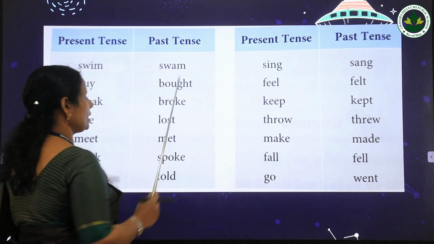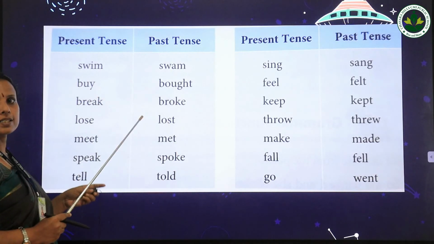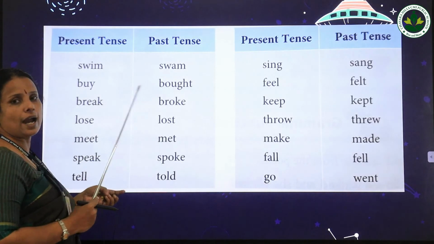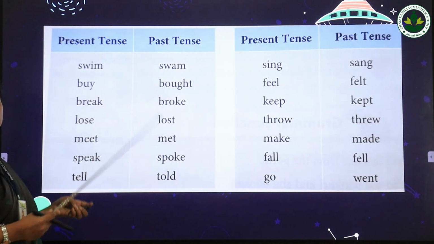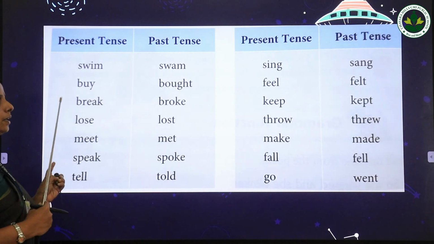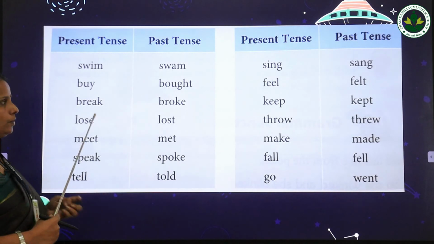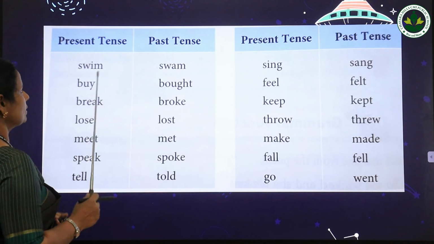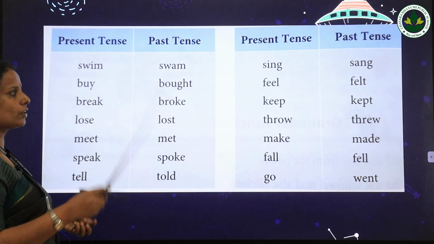When you read these examples, you will understand that these past tenses are not formed by adding D, ED or IED. So they are different from the past tense we have studied just before. You have to remember this when you make the past form of these kinds of words.